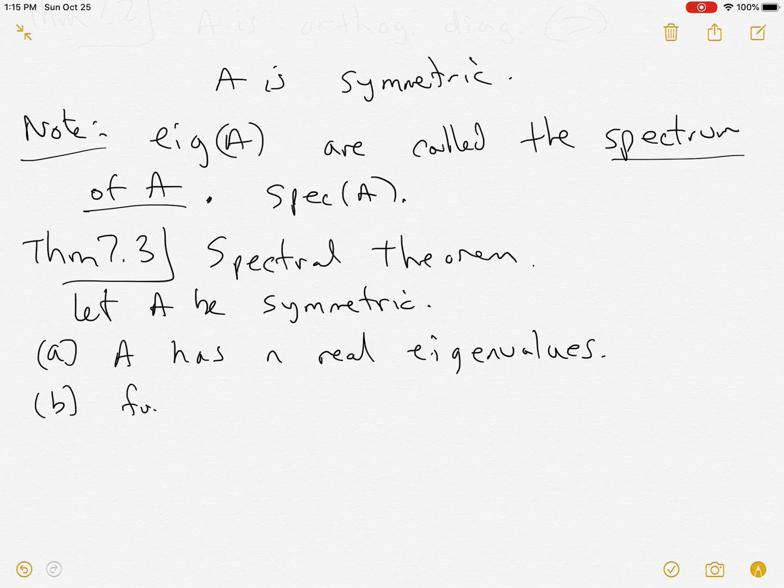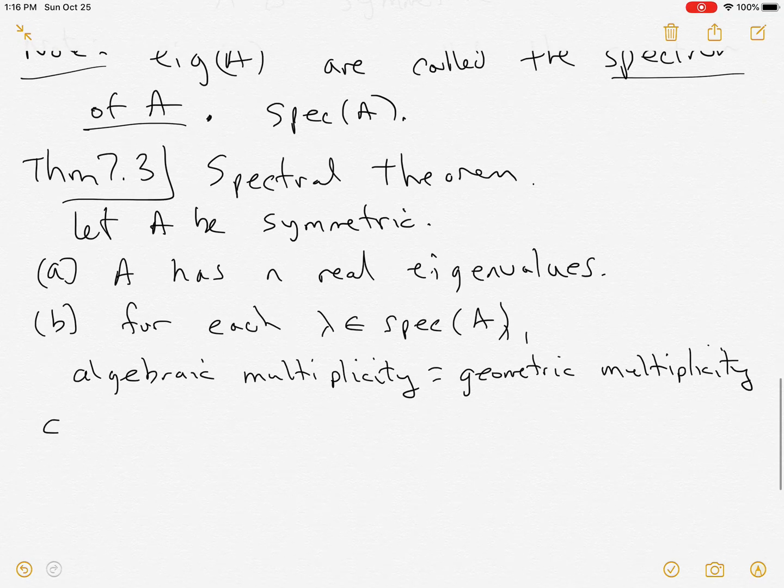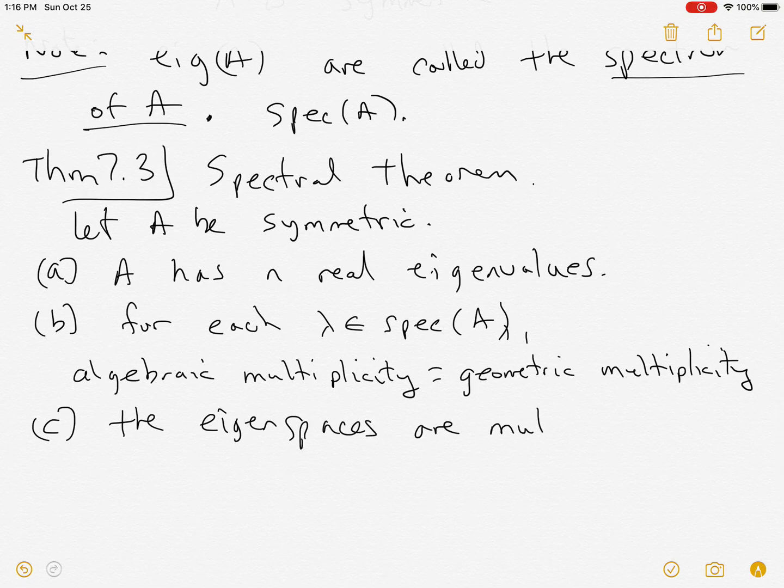B, for each lambda in the spectrum of A, the algebraic multiplicity equals the geometric multiplicity. C, all the eigenspaces are mutually orthogonal.